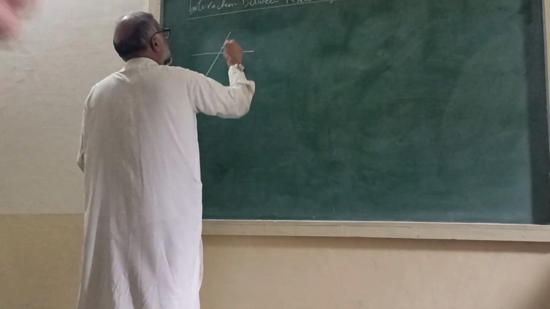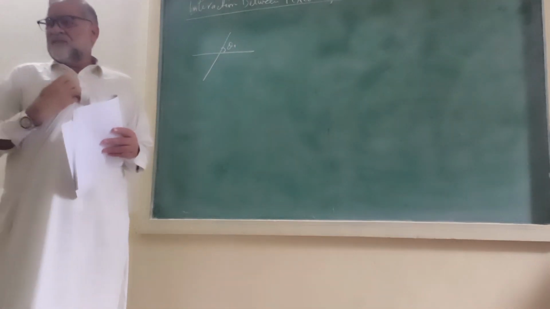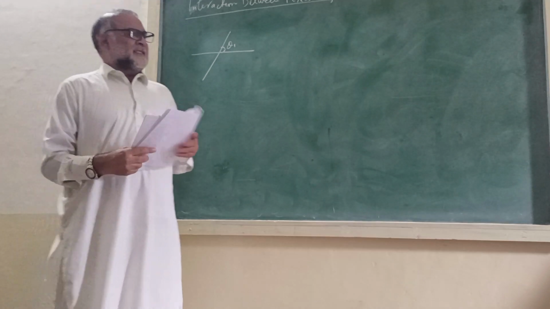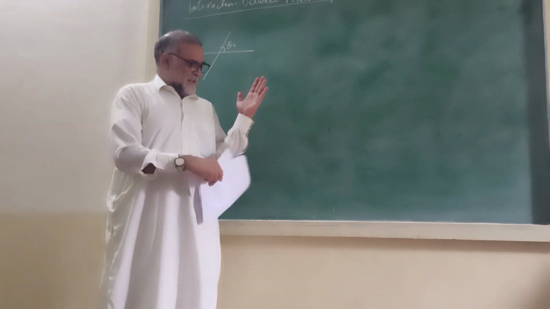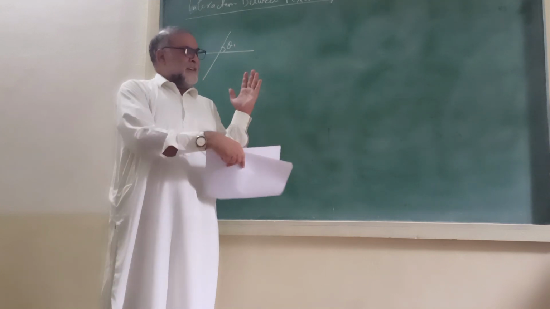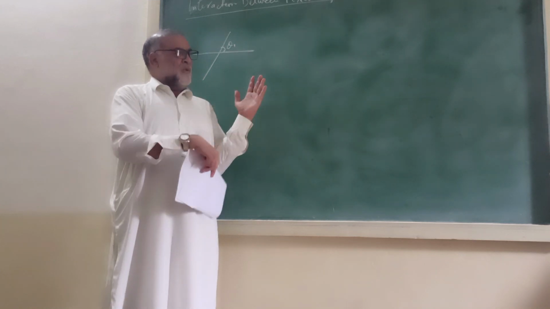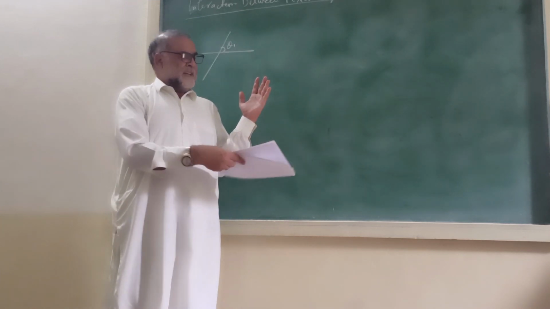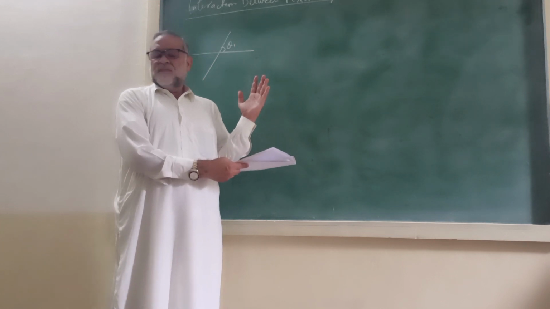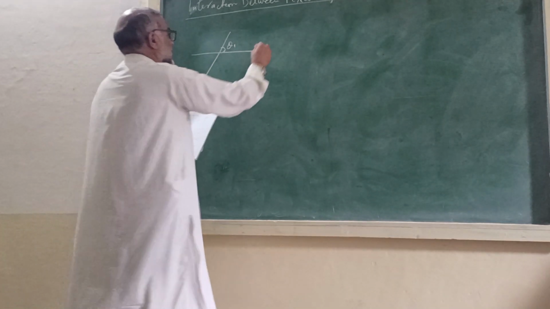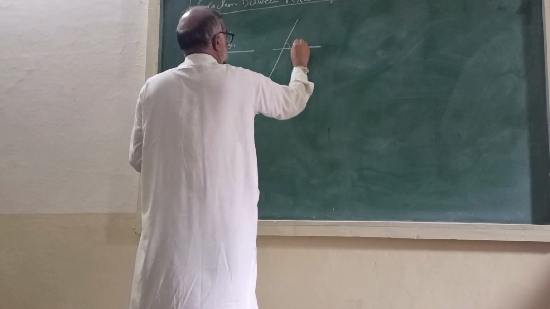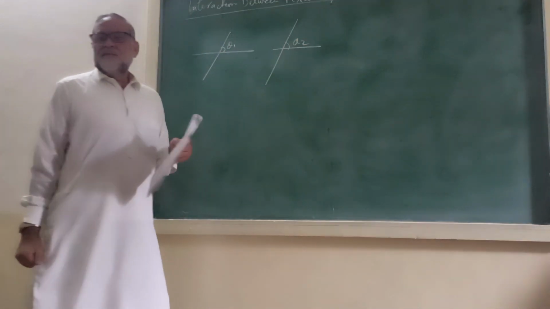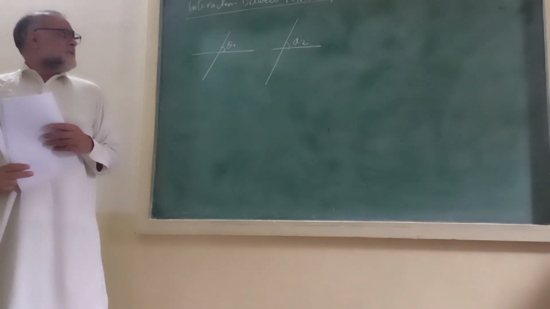Suppose one dipole makes some angle theta 1 with the x axis. This angle is between this dipole direction and the x axis. Another has some angle theta 2 with the same axis.